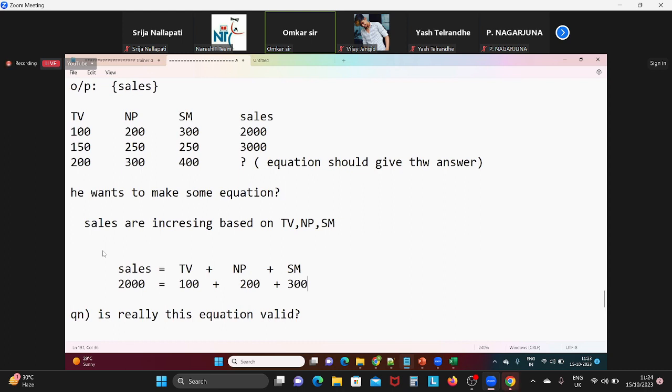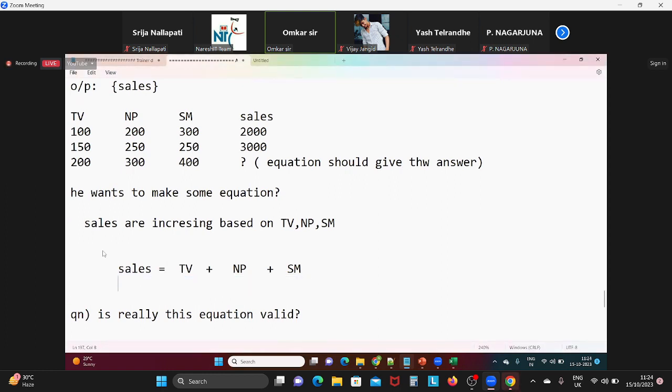That's why you are saying it is not correct, right? Please confirm. What is your idea? Yes. That means, generally, that is your idea.